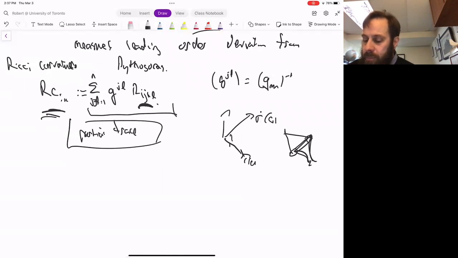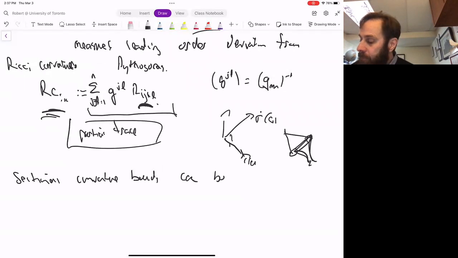So sectional curvature bounds can be formulated in any geodesic space.